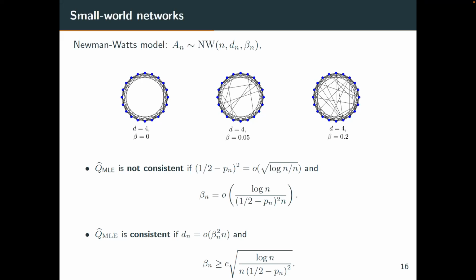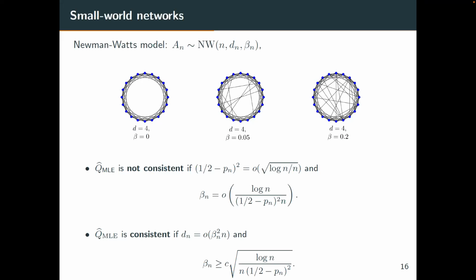Yes. Pn is the probability of turning off or on an edge. Right. So is it like symmetric? It's 1/2 minus Pn squared. So if it's 1 or if it's 0, it's the same thing. Is that because you're turning them on and off with the same probability? It seems confusing to me that if Pn is 0 and Pn is 1, the result is the same.